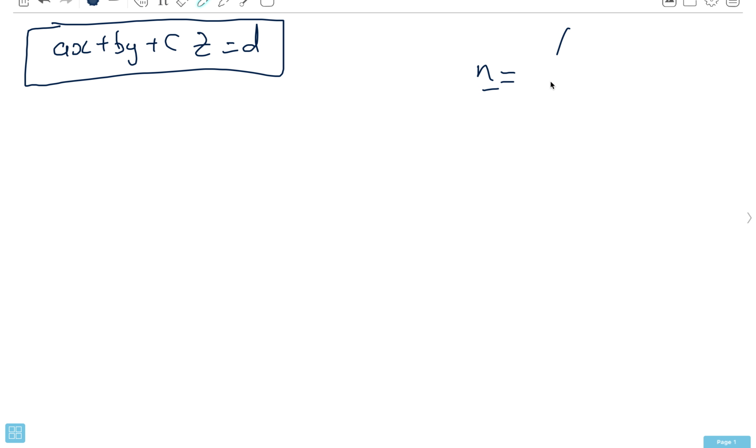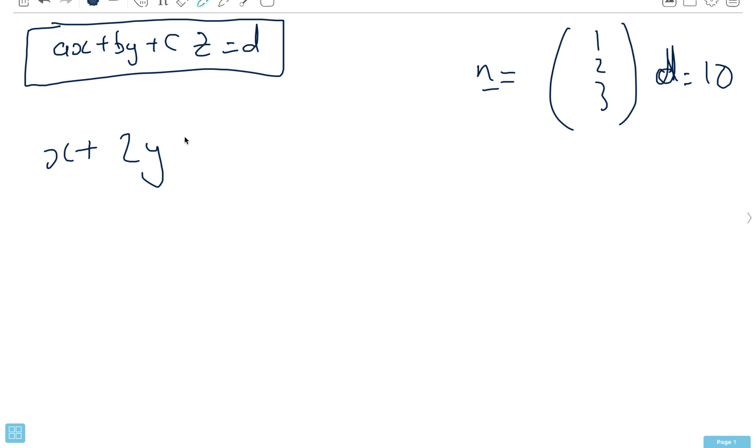If we have our normal vector as 1, 2, 3, and d is 10, then let's just write that in. We have x plus 2y plus 3z is equal to 10.